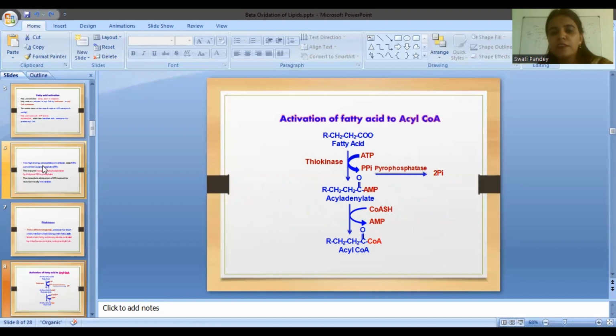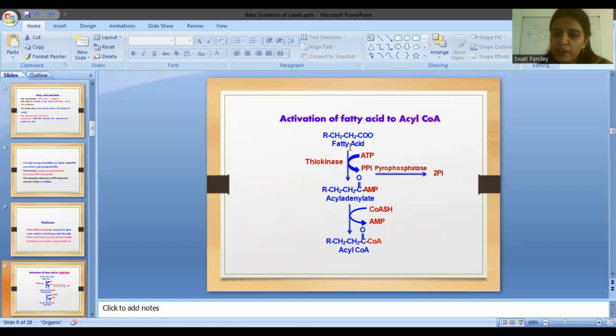As we can see, this is the structure of the fatty acid. The number of carbons can vary over here. In the presence of the enzyme thiokinase, there is utilization of ATP which converts into pyrophosphate. The pyrophosphatase enzyme immediately converts it into two phosphate molecules.